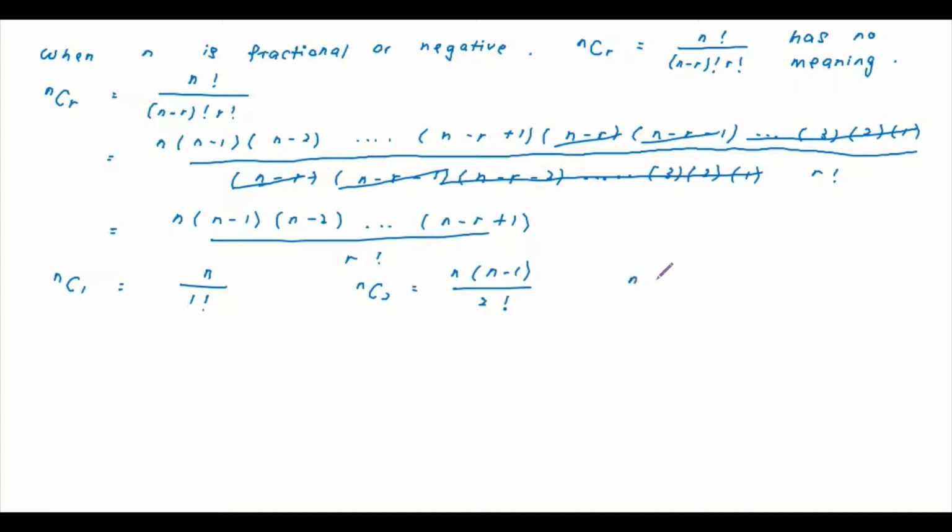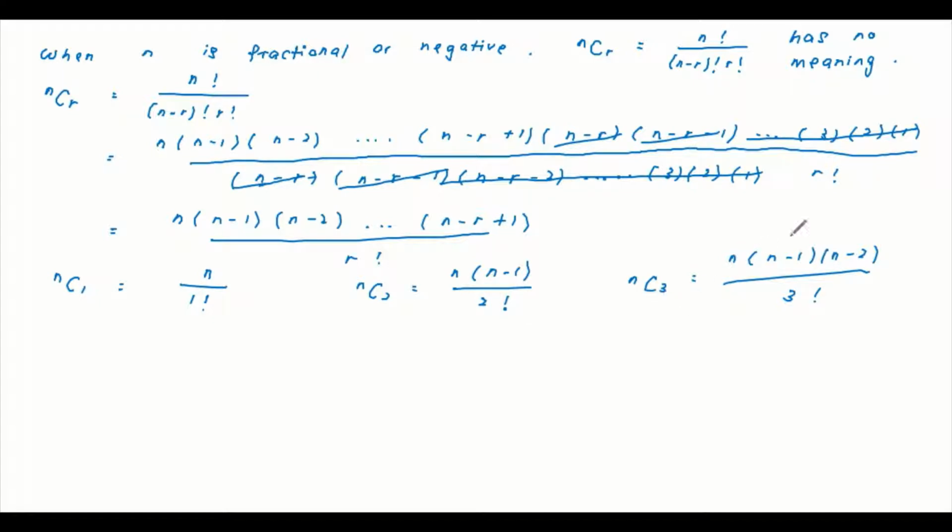Same thing if we go to nC3: if you substitute your 3 here, your series up there will become n times n minus 1 times n minus 2, then r factorial will become 3 factorial. I hope you can see the pattern now. So nC1 is n divided by 1 factorial, and nC2 means you will have n and then n minus 1, over 2 factorial.